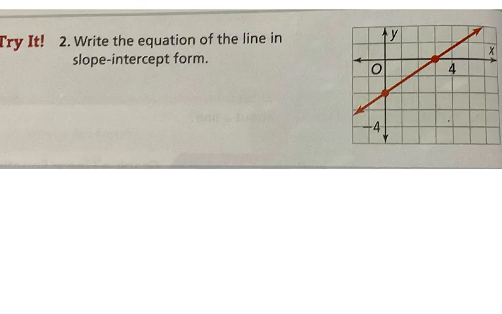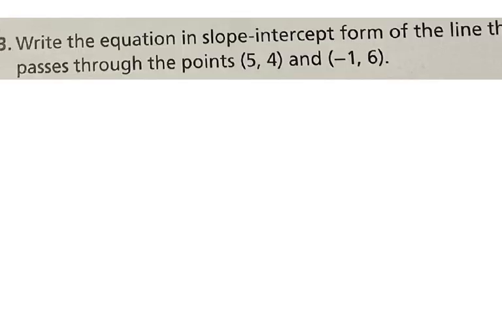All right, let's try. We need to write an equation in slope-intercept form of the line passing through the points (5, 4) and (-1, 6). All right, so help refresh my memory here.